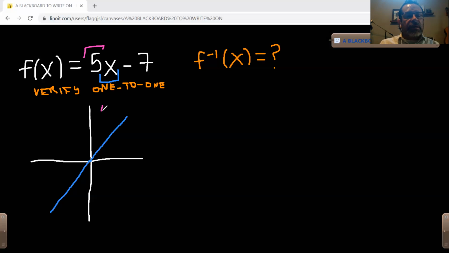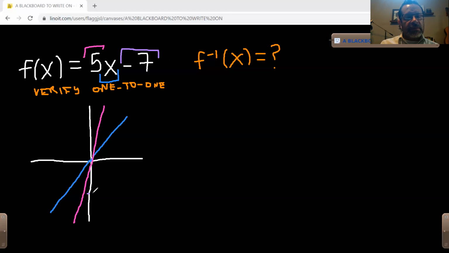So it's going to be kind of like this now. That's not very straight, is it? And then I am moving it down 7 units.